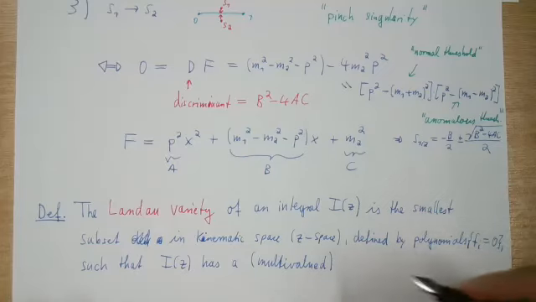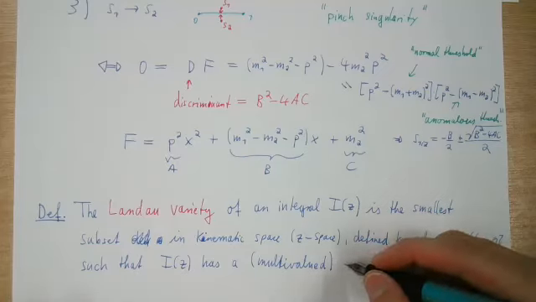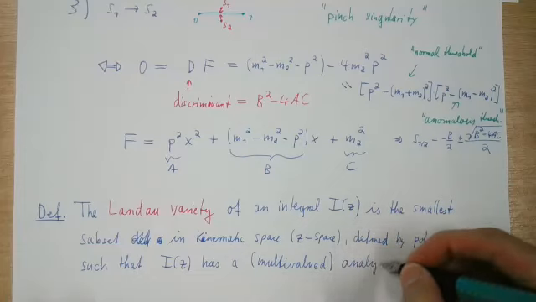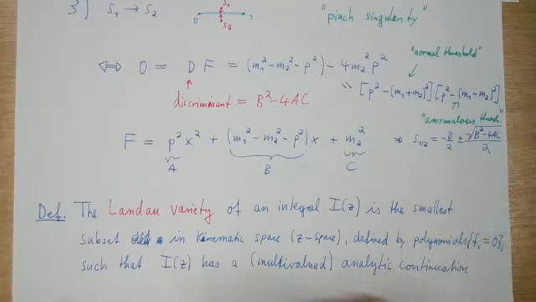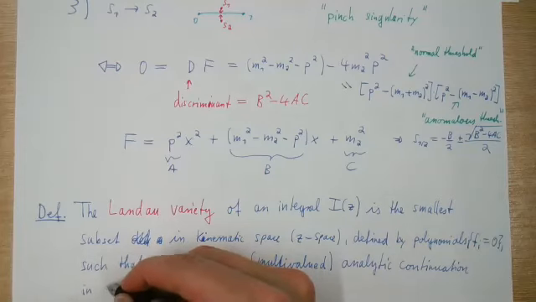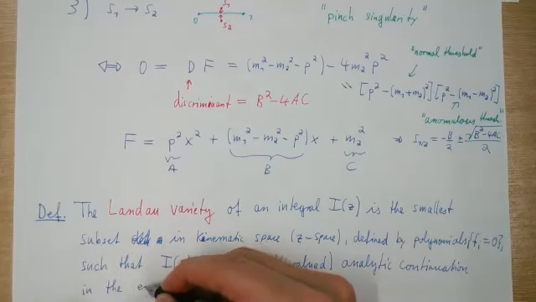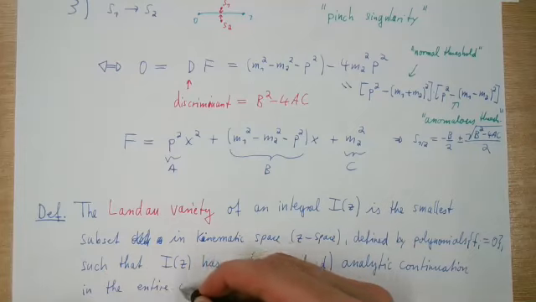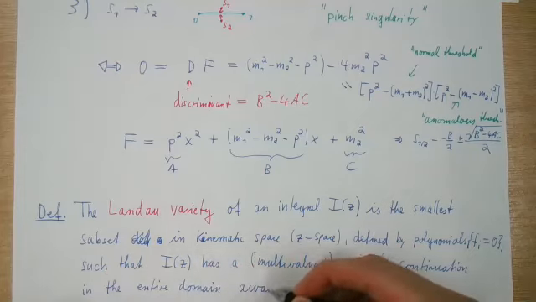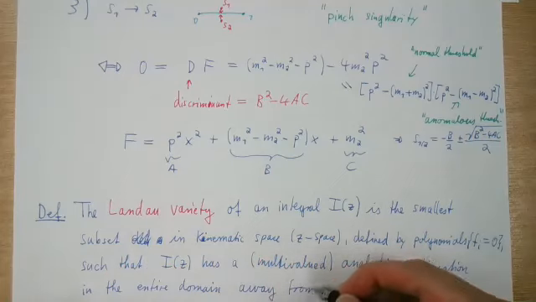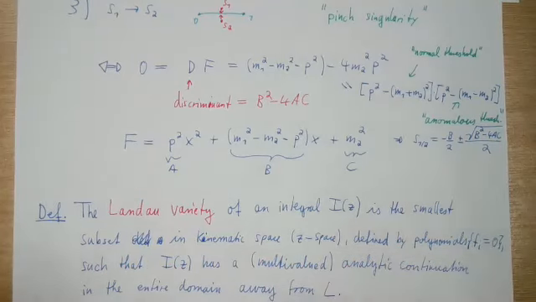So in general, it will be multi-valued, but still, there can be analytic continuations in the entire domain away from the Landau variety. So let me call it L.